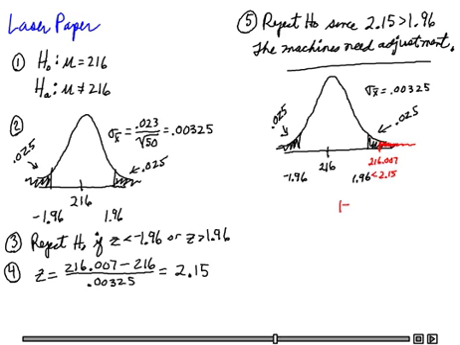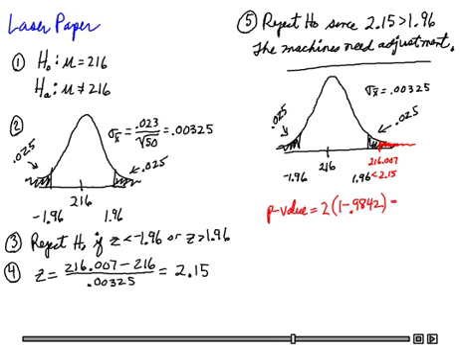The table value for 2.15 is 0.9842. And since this is a two-tailed test, I want to compare it to our original level of significance at 0.05, so I'm going to multiply this by 2, and that is my p-value.